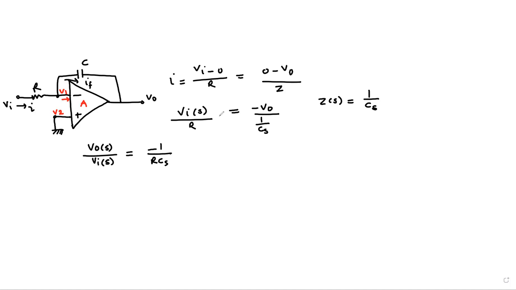We just do simple manipulation and take the ratio of voltages. So we put S equal to j omega in this equation, and the expression becomes like this.